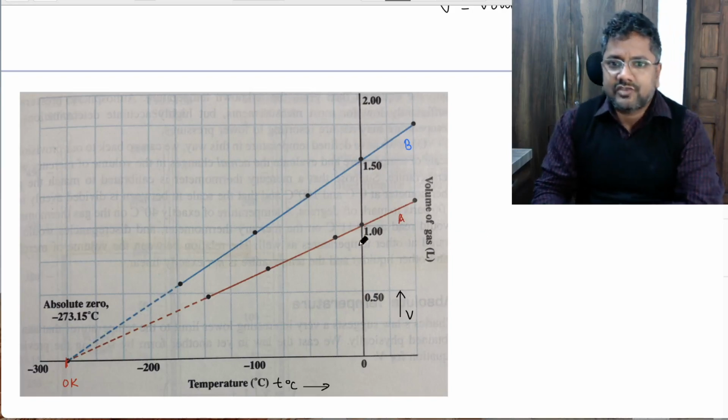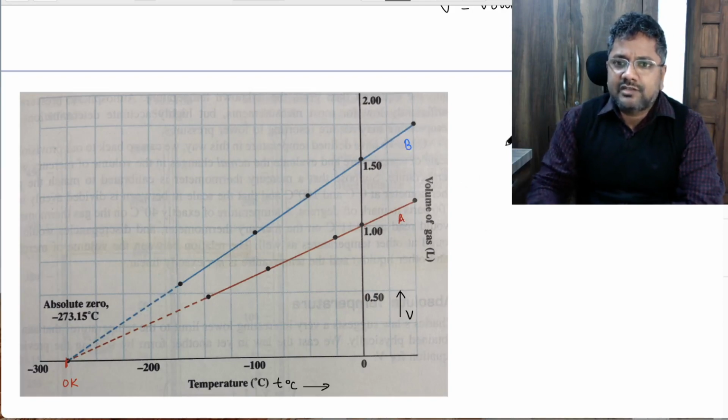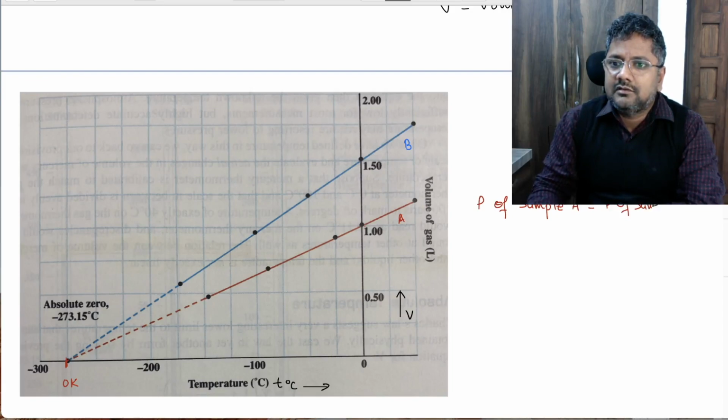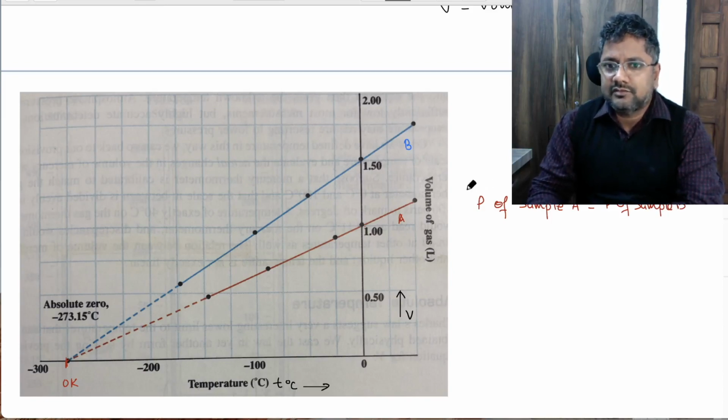Now we can write certain facts. This is sample B, which is under the same pressure, means pressure of sample A is equal to pressure of sample B. Means pressure for both A and B are the same, and the samples are different.